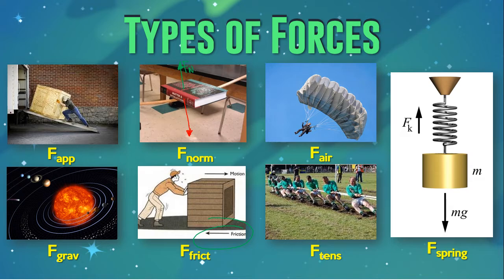Friction results from the two surfaces being pressed together, causing intermolecular attractive forces between the molecules of different surfaces. As such, friction depends upon the nature of the two surfaces and upon the degree to which they are pressed together. Meaning, if a surface is smoother, it will have less friction. It will also depend on how heavy an object is.